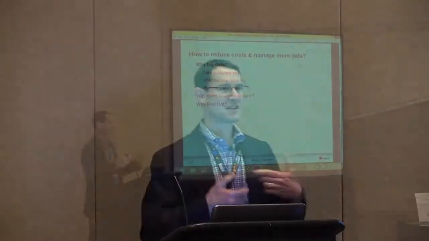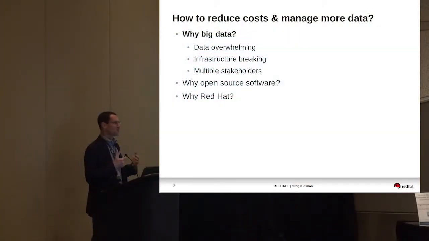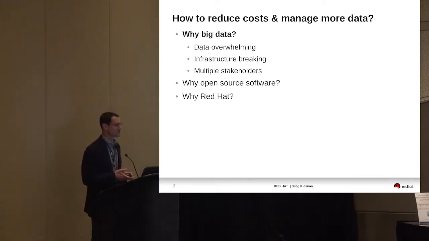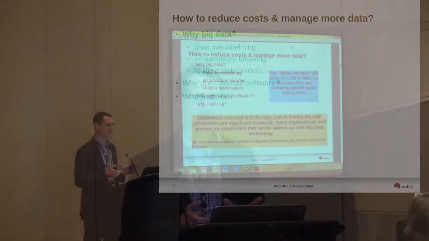So let's get started in terms of why big data. There's really three things going on. Obviously, the data is overwhelming, it's breaking the infrastructure, and if you're in IT building big data solutions, you've got lots of people coming at you with different requirements. That creates challenges for you. So the first one, in terms of data being overwhelming, I think this is fairly obvious, but just to be clear, data's doubling every year.